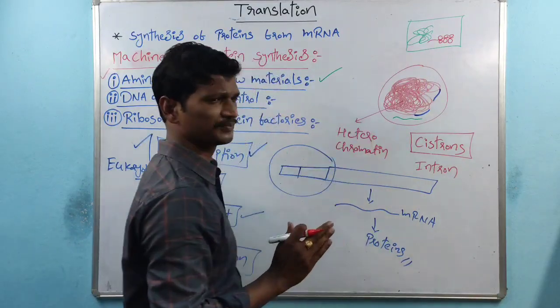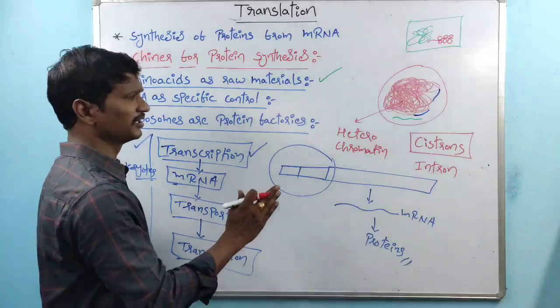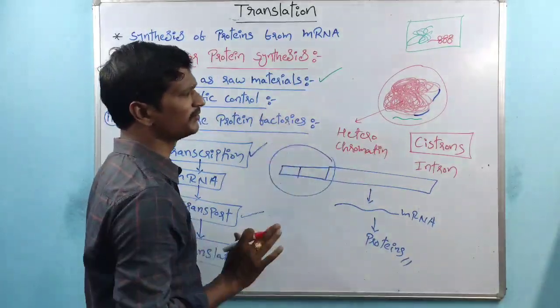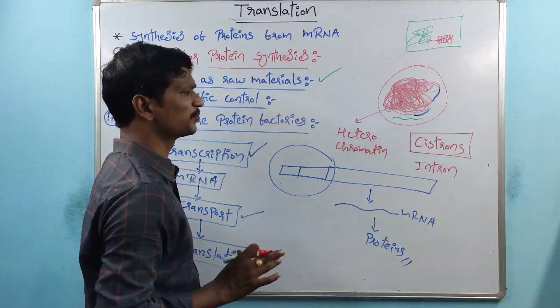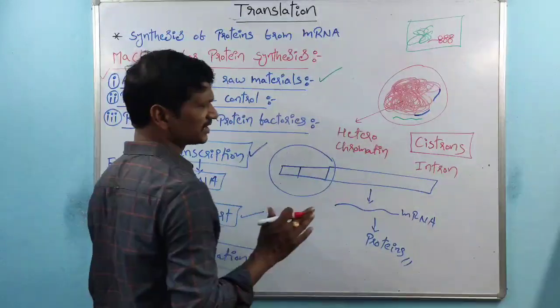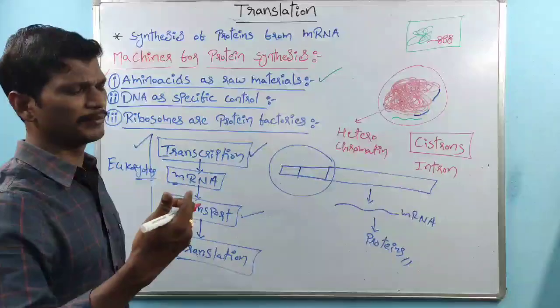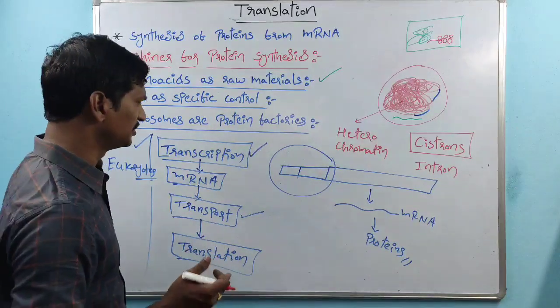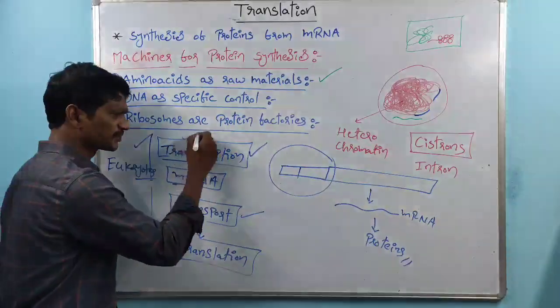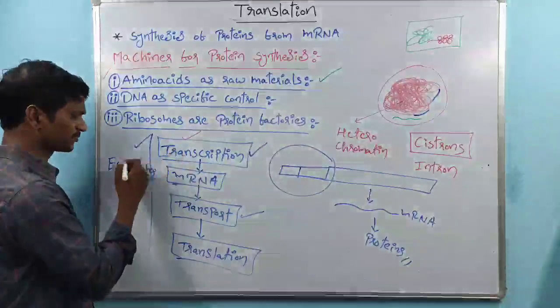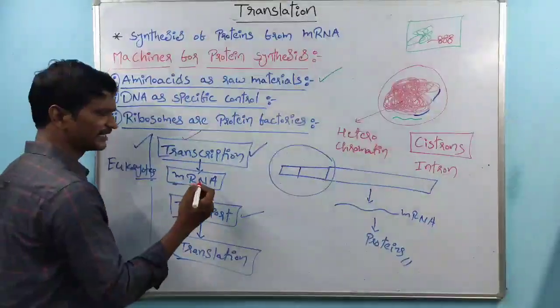In eukaryotic cells, transcription occurs in one compartment. After that, post-transcriptional modifications, then transport, and after that, translation. So in eukaryotic cells, there are many regulatory steps for the gene expression process. Transcription is the major regulatory step, and after that post-transcription, 5' cap and 3' poly A tail.